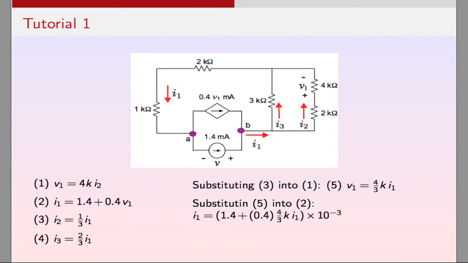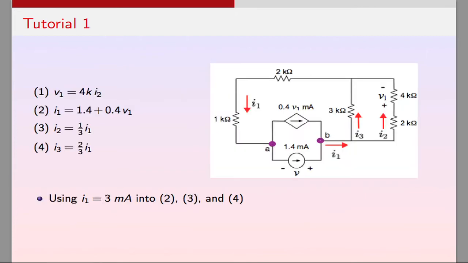And then substituting equation 5 into equation 2 gives I1 equals 1.4 plus 0.4 times 4 over 3K times I1, and then multiplied by 10 to the minus 3, and the 10 to the minus 3 is the milliamp thing. And then solving for I1 gives I1 equals 3 milliamps.